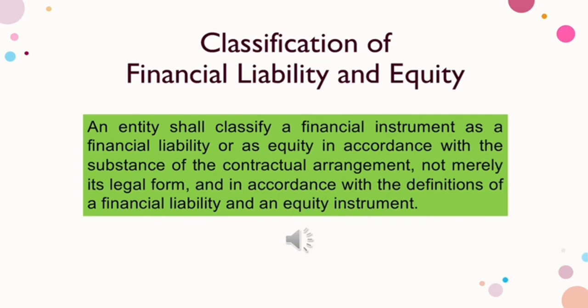Next is classification of financial liability and equity. An entity shall classify a financial instrument as a financial liability or as equity in accordance with the substance of the contractual arrangement, not merely its legal form, and in accordance with the definitions of a financial liability and an equity instrument.